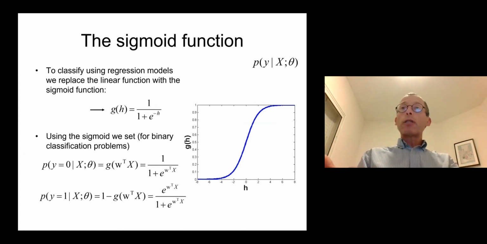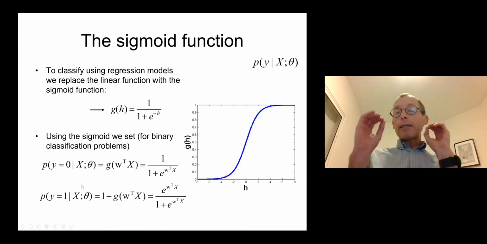We said logistic regression is not a generative model, so it doesn't tell us how to predict x given y. But since our goal is to predict the label, this is definitely something logistic regression provides, and we defined it as 1 over 1 plus e to the w transpose x for y equals 0, and 1 minus that, which is e to the power of w transpose x over 1 plus e to the w transpose x for class 1.